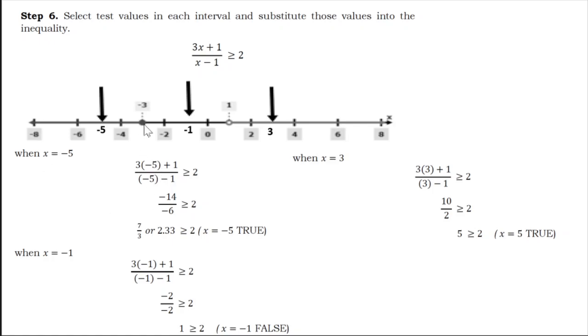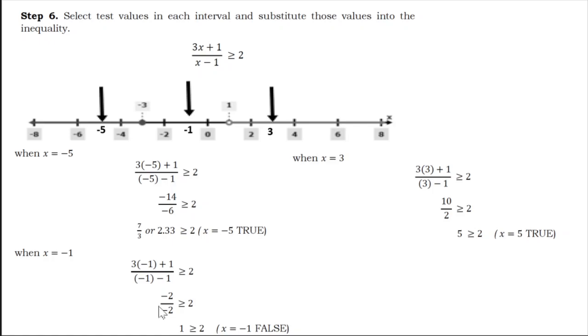How about in between sa negative 3 and 1? And we are using negative 1. If itong line dito is kasama ba sa ating solution. So, x is equal to negative 1. So, by substituting the value of x, which is negative 1, to our original rational inequality. So, 3 times negative 1 plus 1 over negative 1 minus 1.